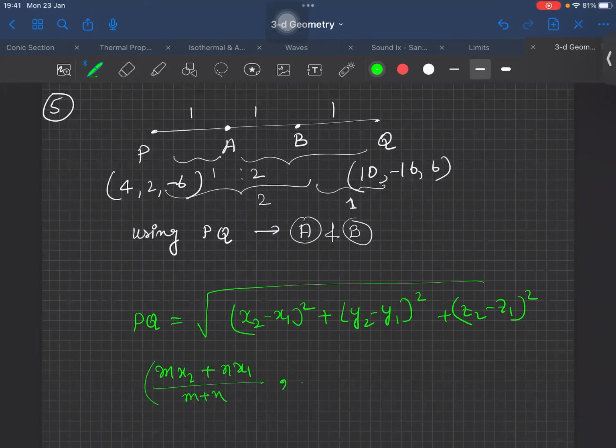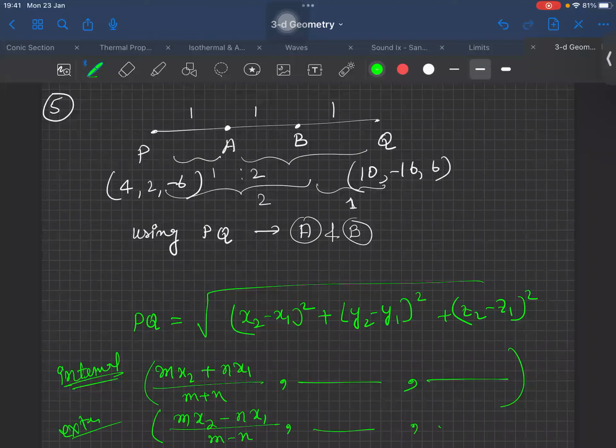Similarly, you will write for y and z if the division is internal. I have told you the meaning of internal and external division as well. If the division is external, this will be (m times of x2 minus n times of x1) upon (m minus n). Similarly, you will write for y and z.